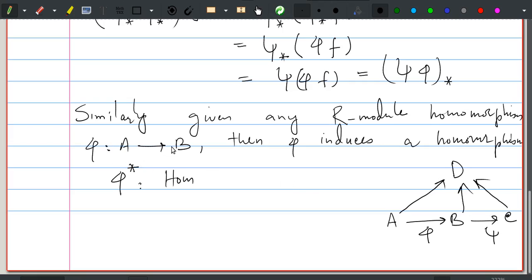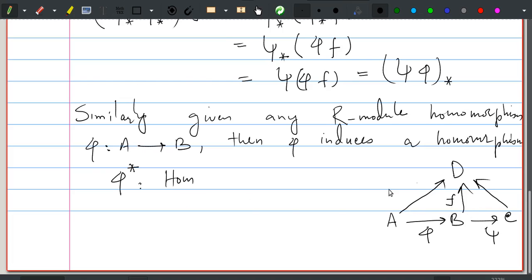Now this phi from A to B induces a homomorphism. Suppose we have G here, and F here.